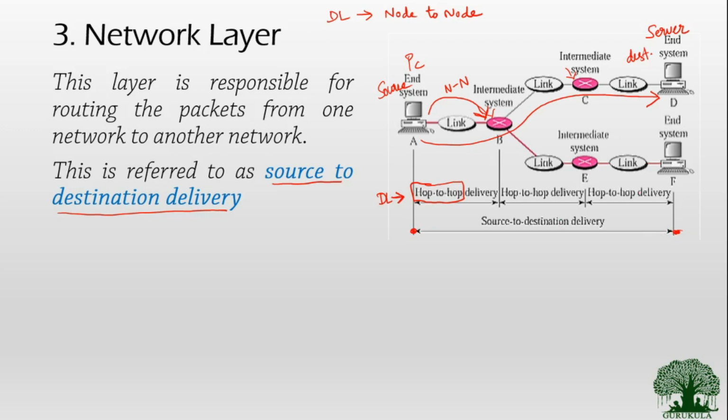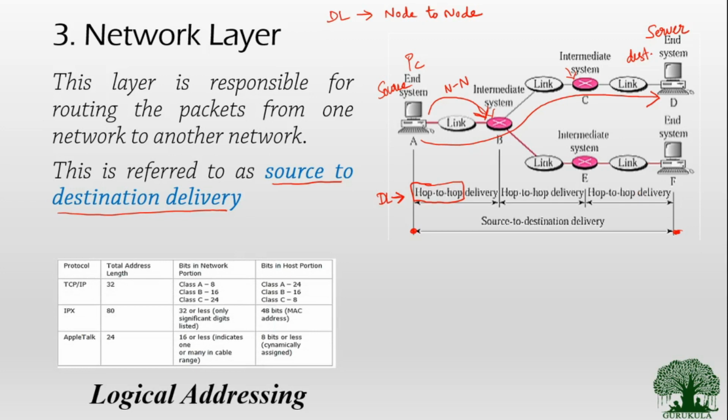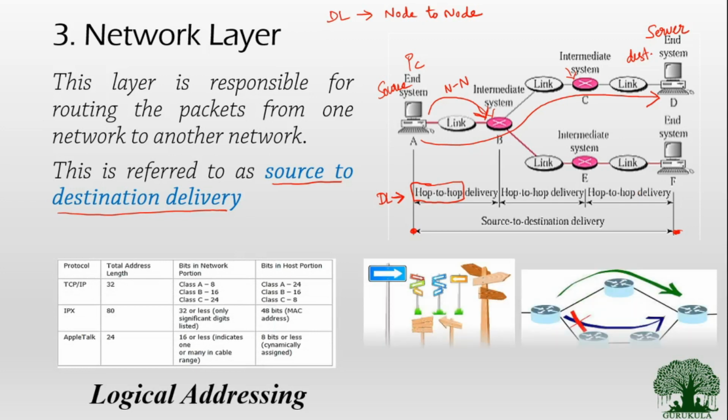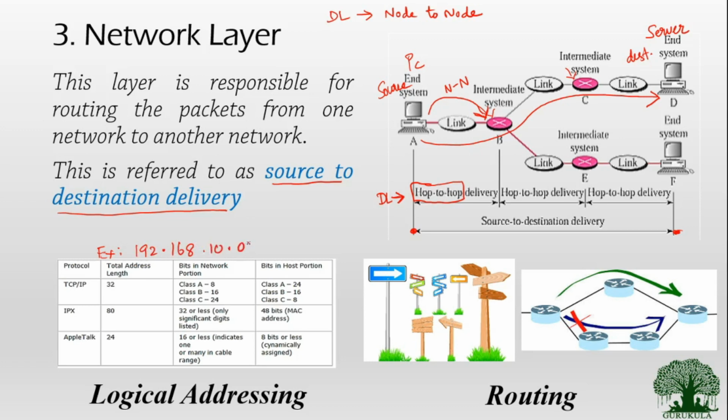The primary functions of the network layer also include logical addressing and routing. Logical addressing is nothing but addressing a particular system in a very logical way, and the best example is IP addresses such as 192.168.10.01.